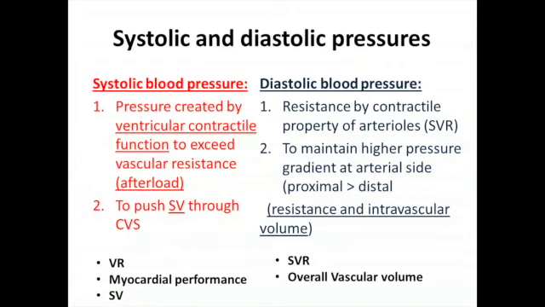On the other hand, diastolic blood pressure is reflecting systemic vascular resistance and overall vascular volume. So to make it easy, diastolic blood pressure is reflecting overall body vascular volume. Systolic blood pressure is just reflecting the stroke volume or venous return, which is really a small volume. Again, 1 to 2 ml per kg per beat, one cardiac cycle.